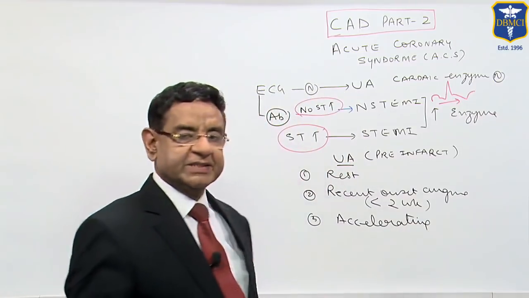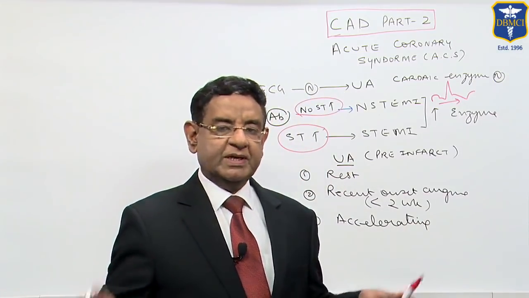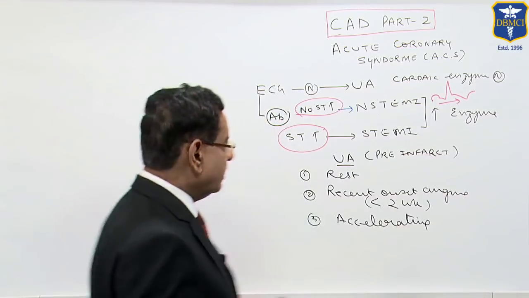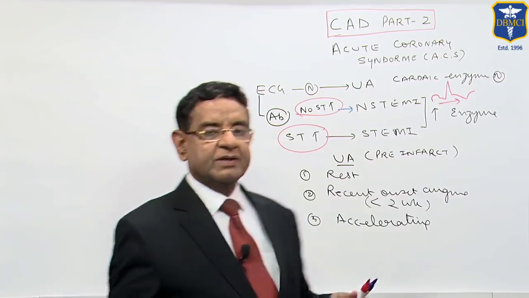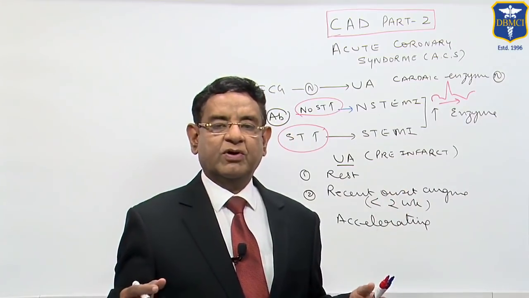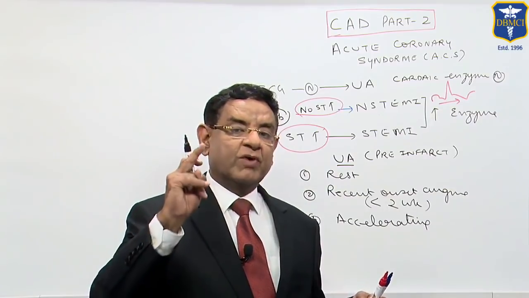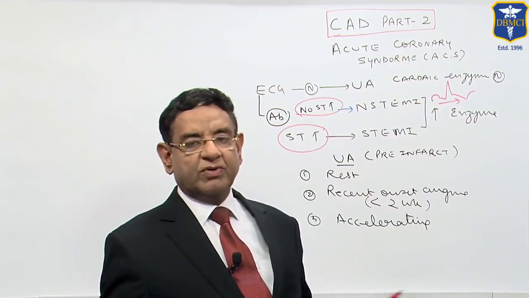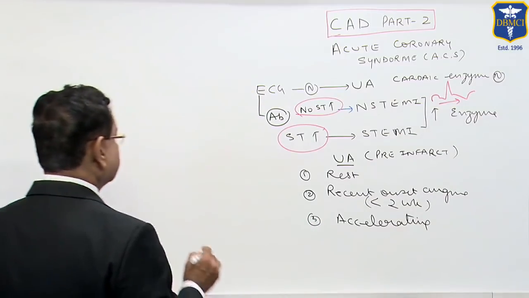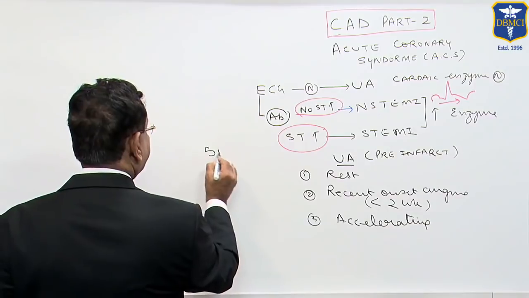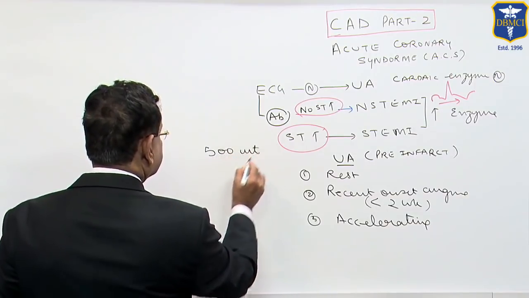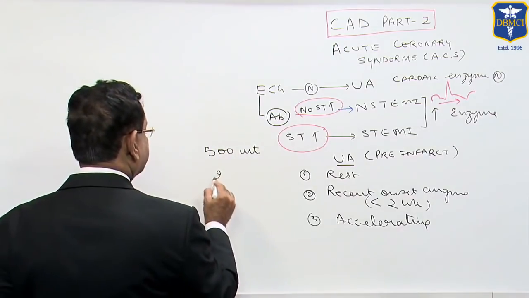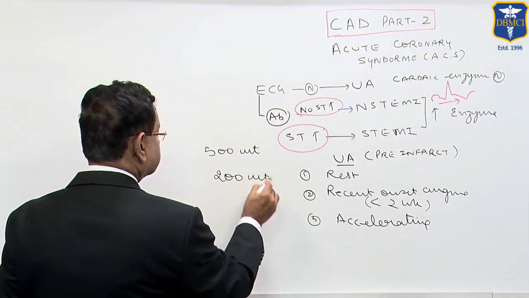What do you mean by accelerating angina? The patient has long standing stable angina, but now he says, doctor, before 1 year I used to walk, and after 1 kilometer I used to have chest pain, but for the last few months I have started getting pain even on walking 500 meters, and in the recent few days I am getting pain even after walking 200 meters.